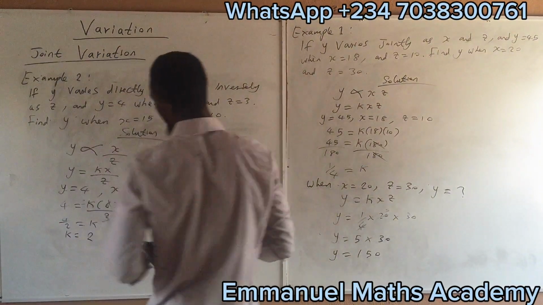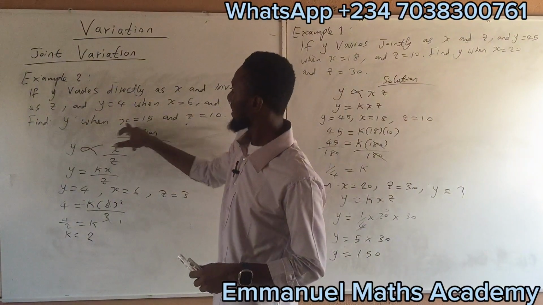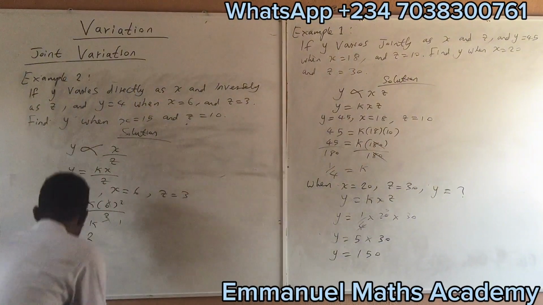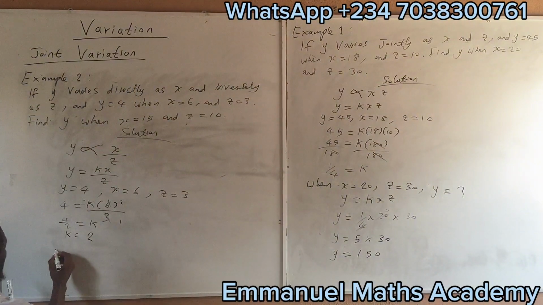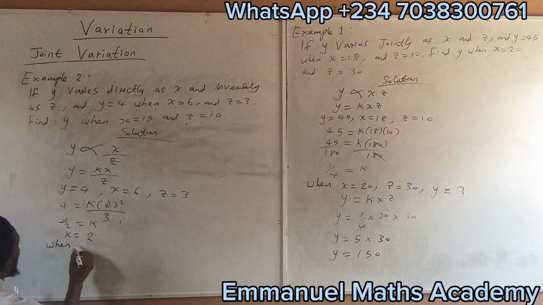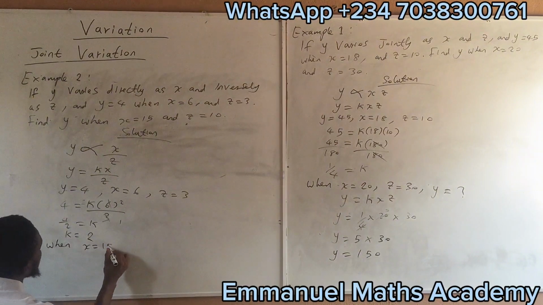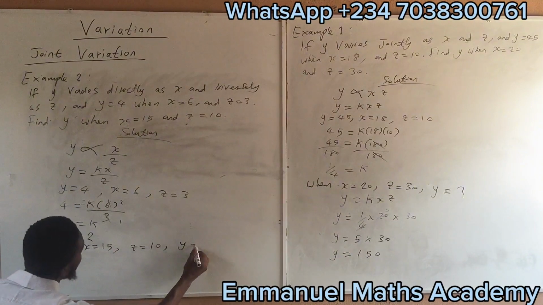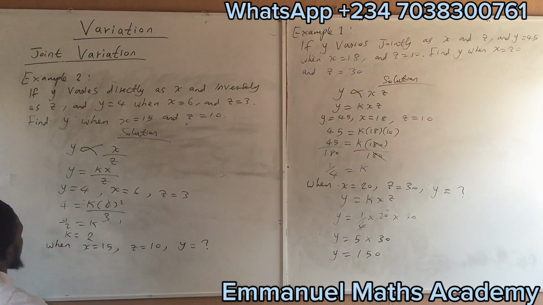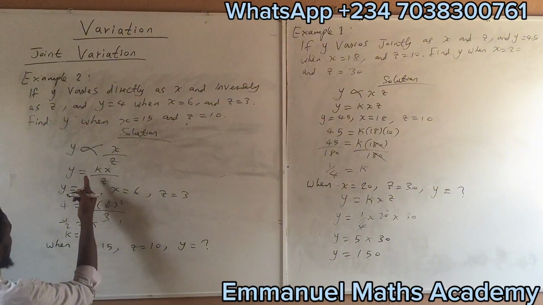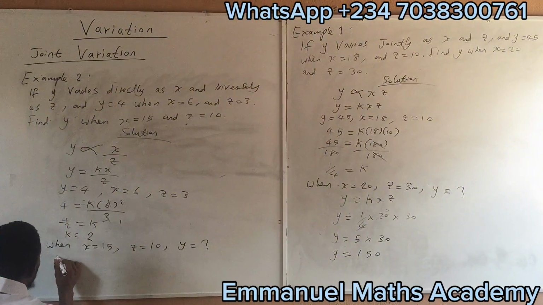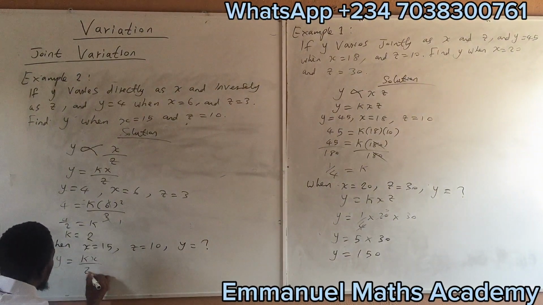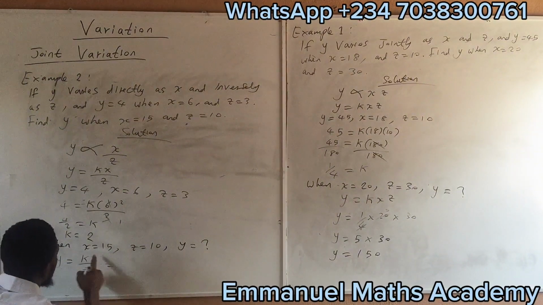Now the second part says find Y when X equal to 15 and Z equal to 10. Is that correct? This simply means that when X equal to 15 and Z is equal to 10, our Y is not known, right? Now from this equation, we have that Y is equal to KX over Z. Now what's our K?